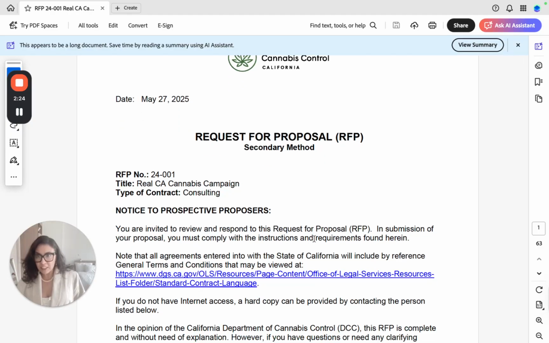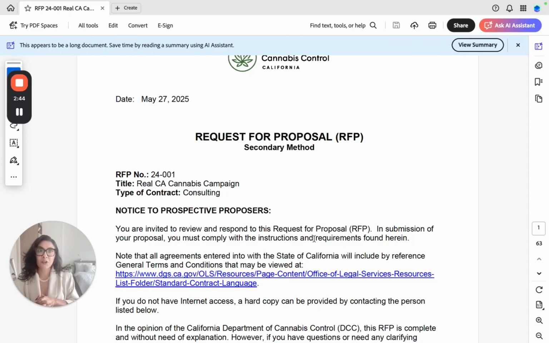So first things first, I say that you have to read the entire RFP requirement document. And sometimes there's a lot, and sometimes the RFP is 100 pages.